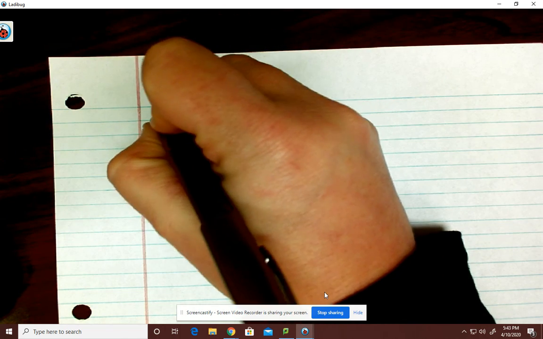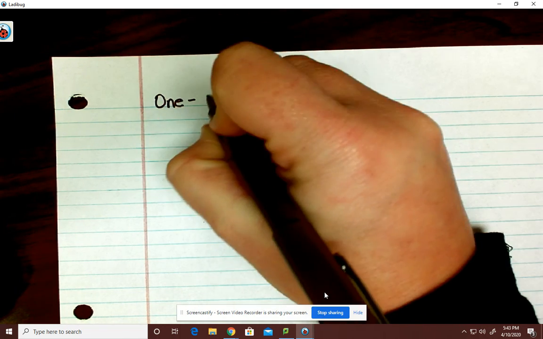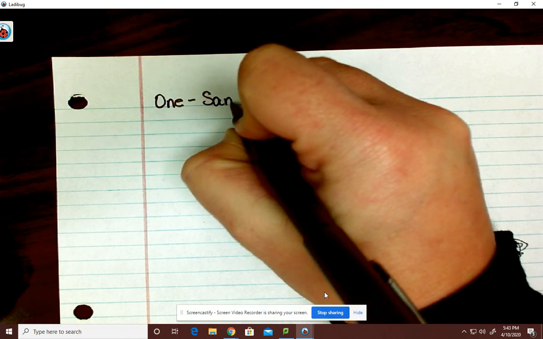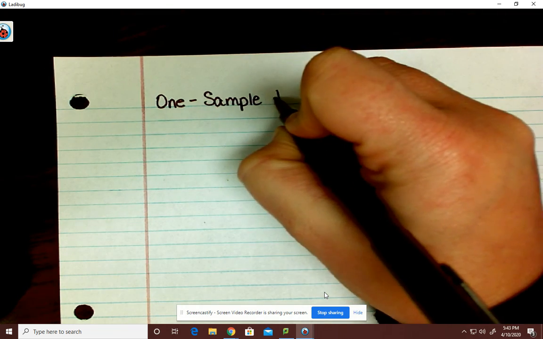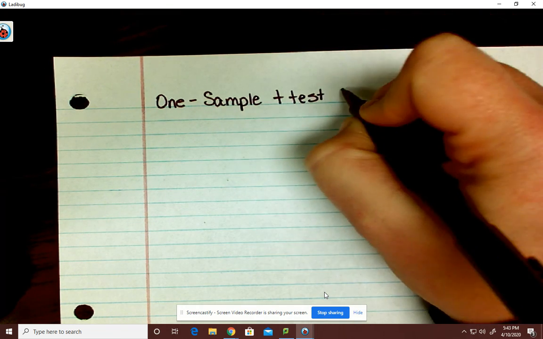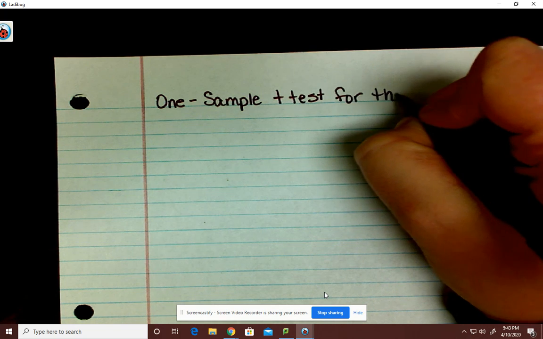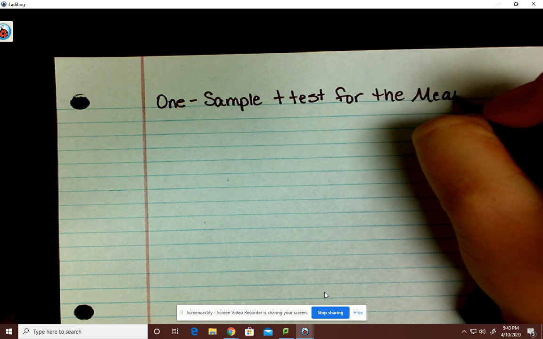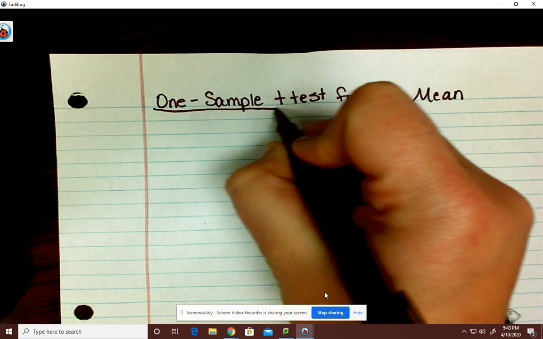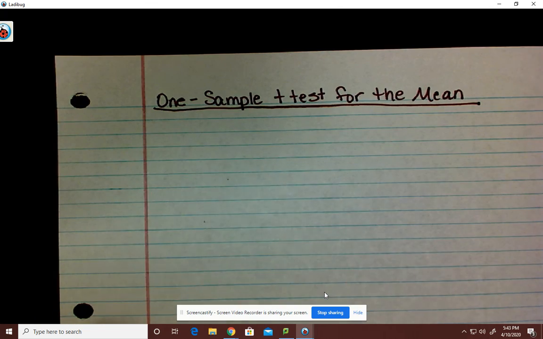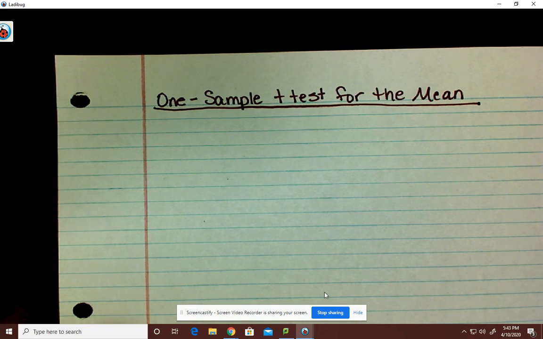And the name of the test that we're going to look at today is the one sample t-test for the mean.